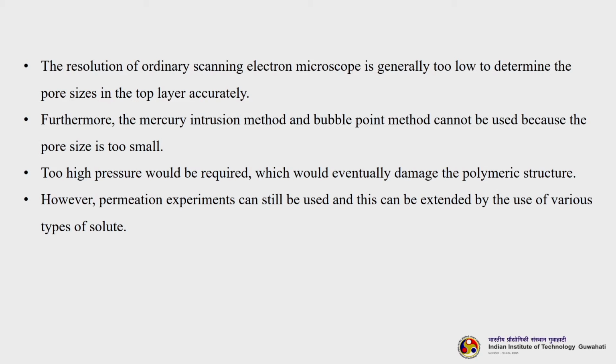Furthermore, the mercury intrusion method and bubble point cannot be used because the pore size is too small, and so you need to apply very high pressure. The moment you go beyond a certain pressure, your membrane will get damaged. Too high a pressure would be required, which would eventually damage the polymeric structure. However, permeation experiments can still be used, and this can be extended by use of various types of solute.